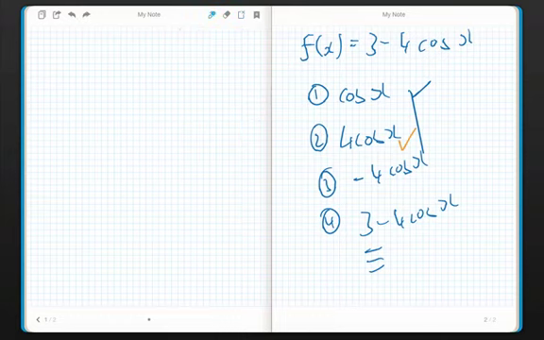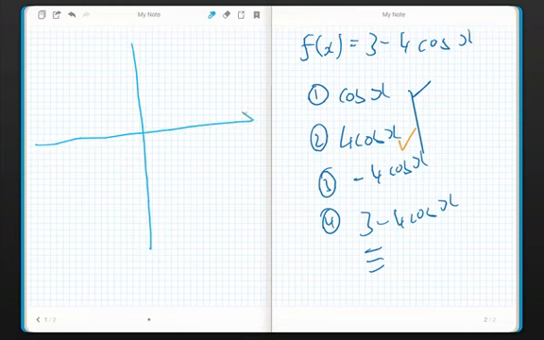Let me change the color. Now we're going to graph minus 4 cos x. It's pi by 2, pi, and minus 4 cos x. Everything will just be intertwined. So it'll be 4 here, minus 4 here.